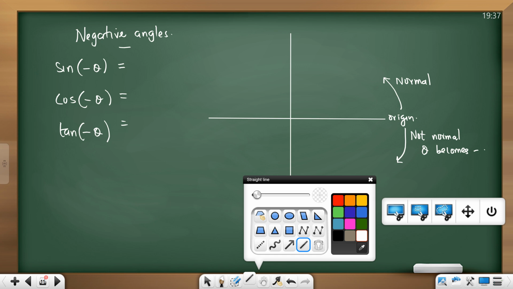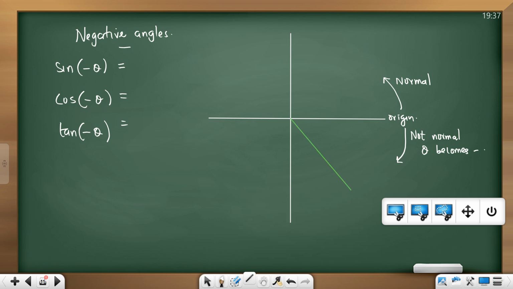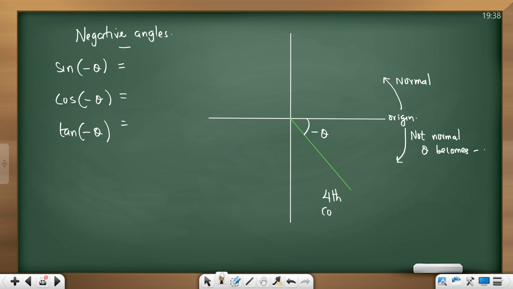So when I say negative theta, I'm now here because I have changed that. The plus and the minus gives me direction. So once I see a negative theta, I know that I am in the 4th quadrant. And in the fourth quadrant, only cos theta is positive.